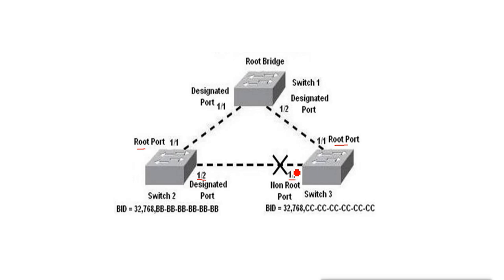Remember, it checks where it got the BPDUs. So when it sends the BPDUs from here, the BPDU is looped back to this port, the same BPDU which switch 3 sends on this port. So it gets back from the other side. That means this port is creating a loop.